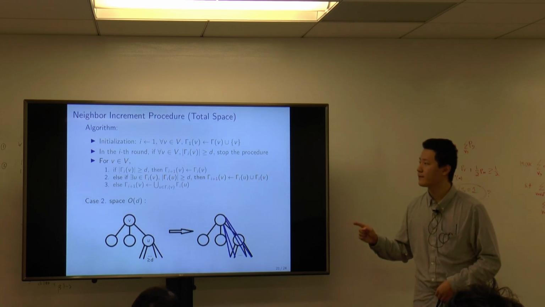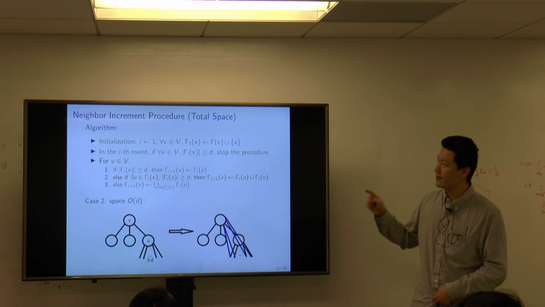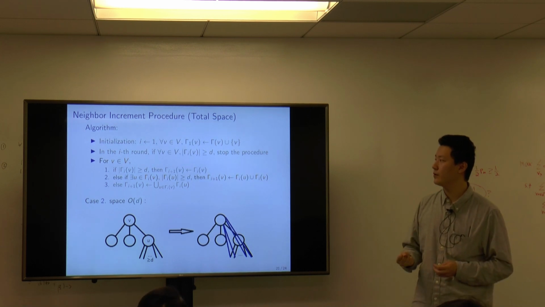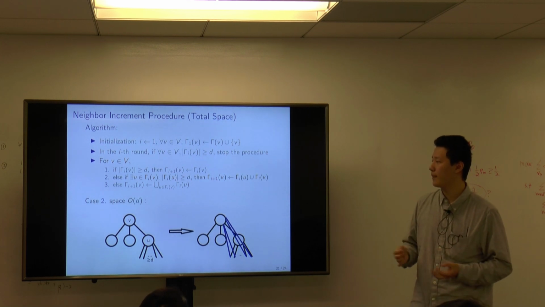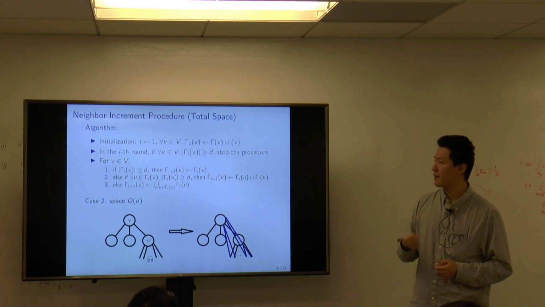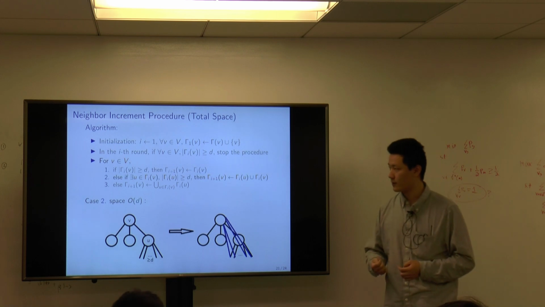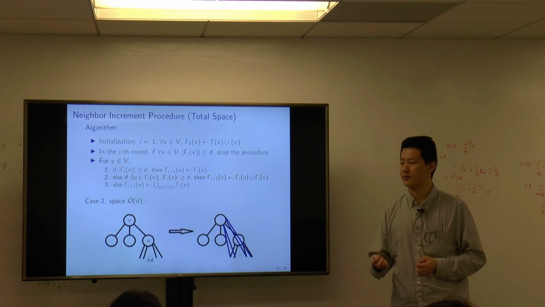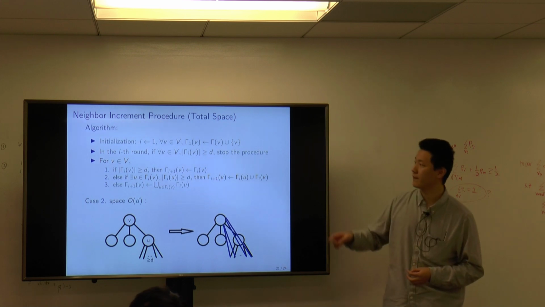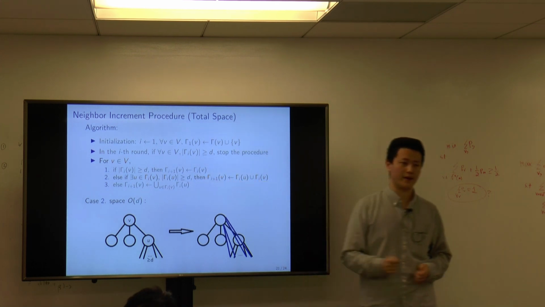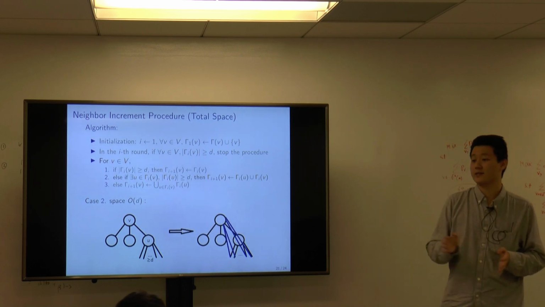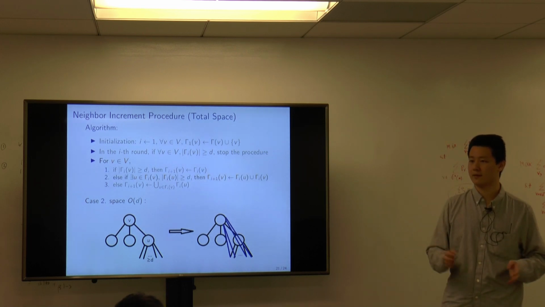In the second case, if vertex v has degree less than d, but there's a neighbor u which has degree larger than d, then we just make all the neighbors of u be the new neighbors of v. So in this case, the extra space induced by vertex v is at most d. Notice that if vertex u has a neighbor set of size much larger than d, we can just keep the first d neighbors.